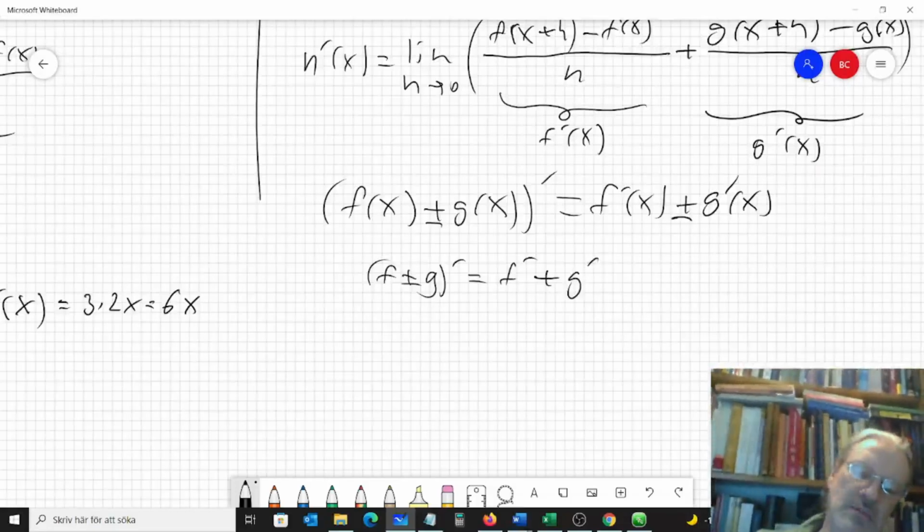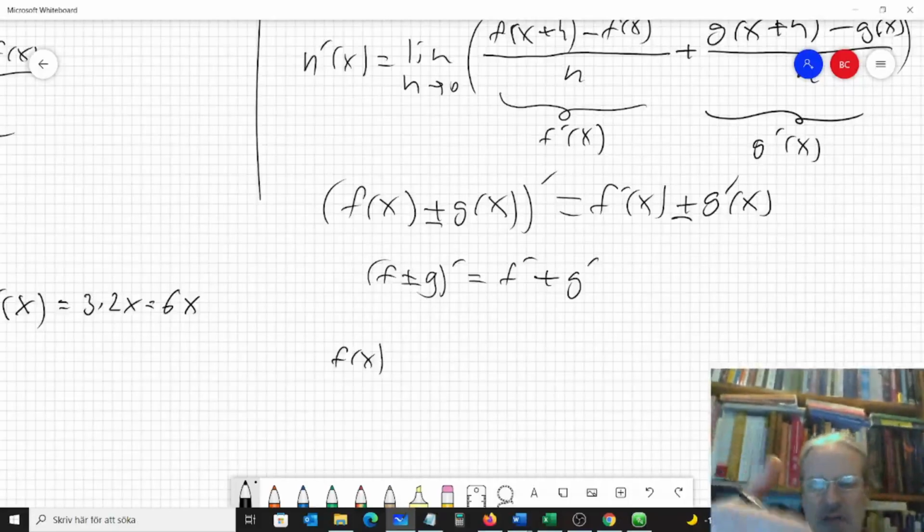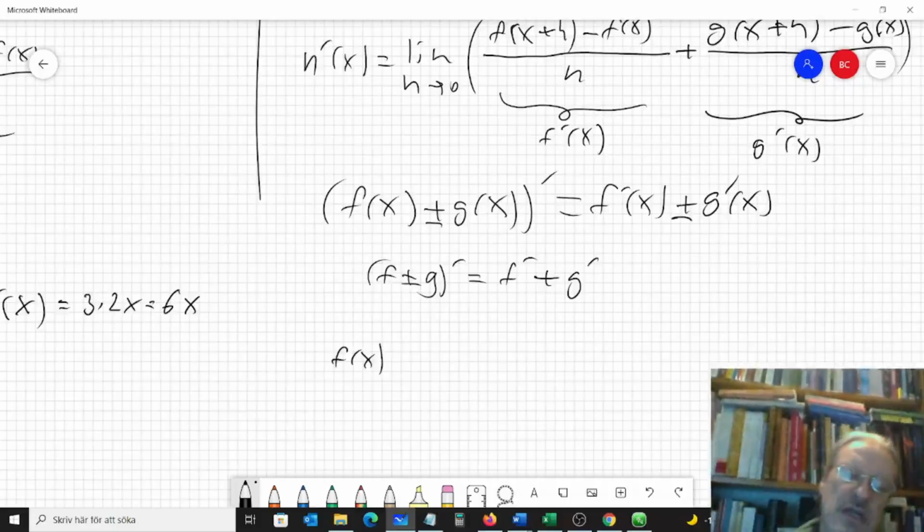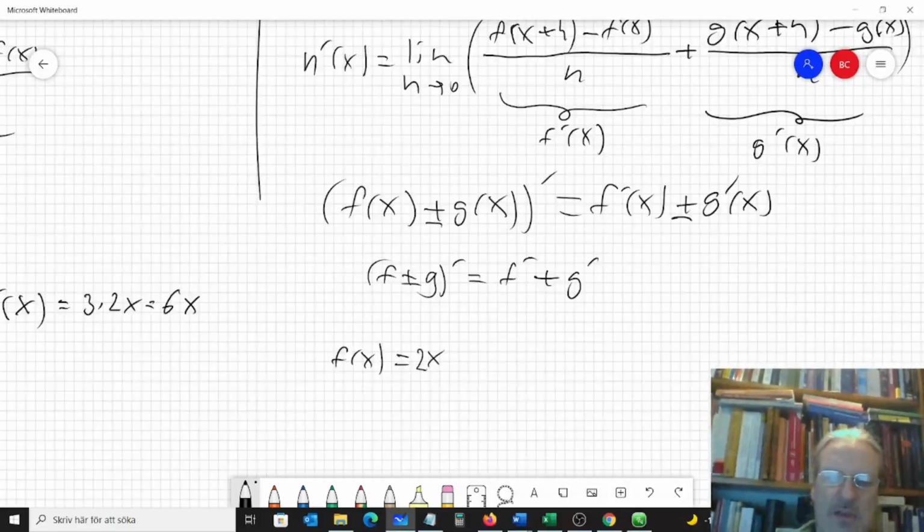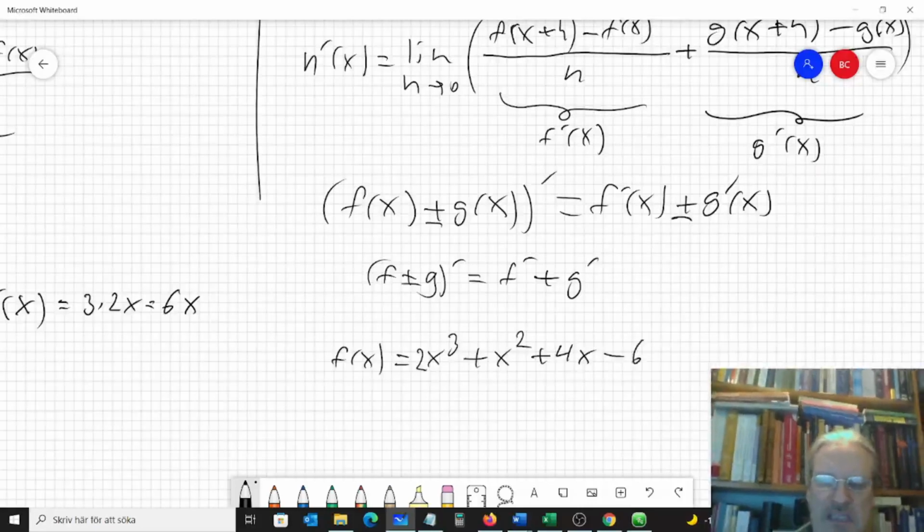Let's look at an example. Say our function f of x. Remember now that f of x is not the same function as before. Let's say our function f of x is 2x to the power of 3 plus x to the power of 2 plus 4x minus 6.